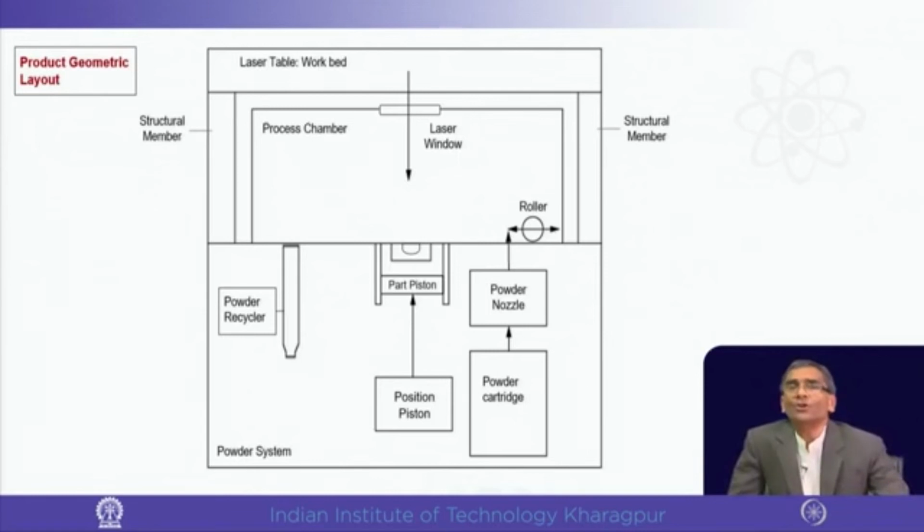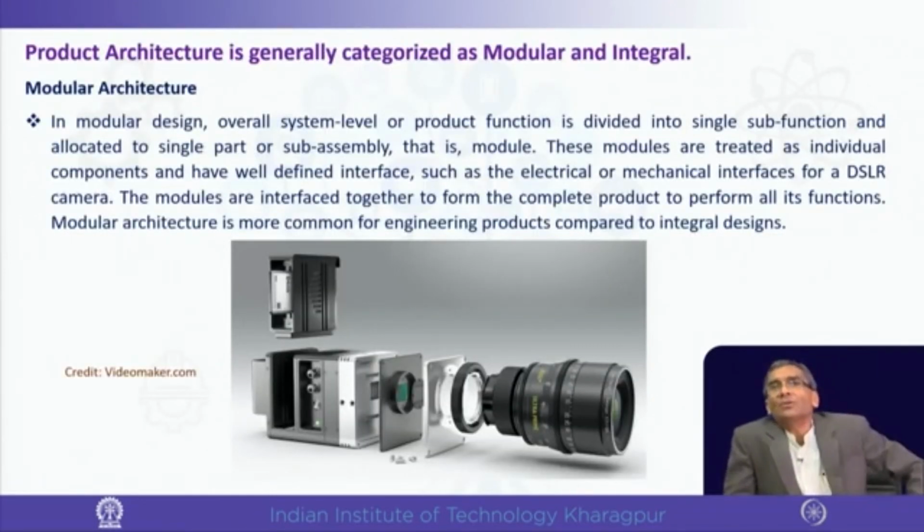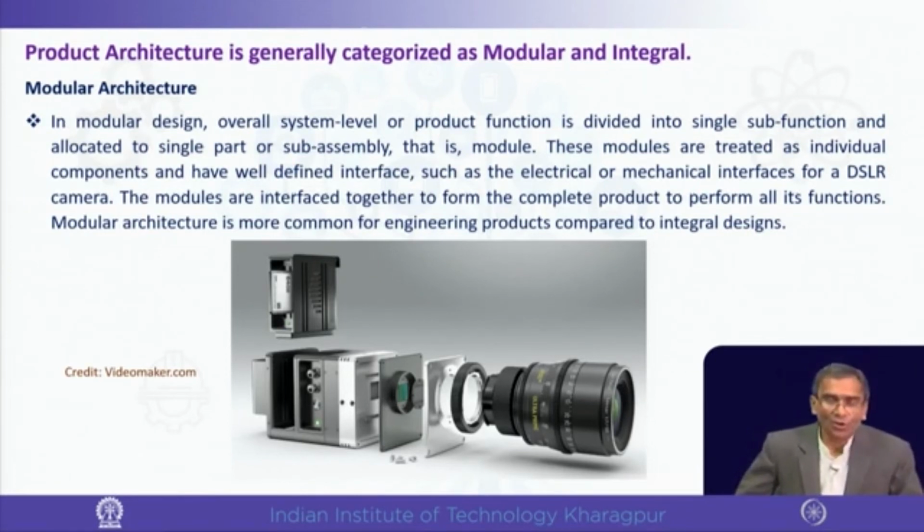Now, we have touched on the modular and integral. There are two types of architecture. One is modular, the other one is called integral. Modular, that we have just understood from the earlier drawing, but here it is the image from which it is quite clear to you how different modules are put together, where the overall system level product function is divided into single sub function and allocated to a single part or sub assembly.